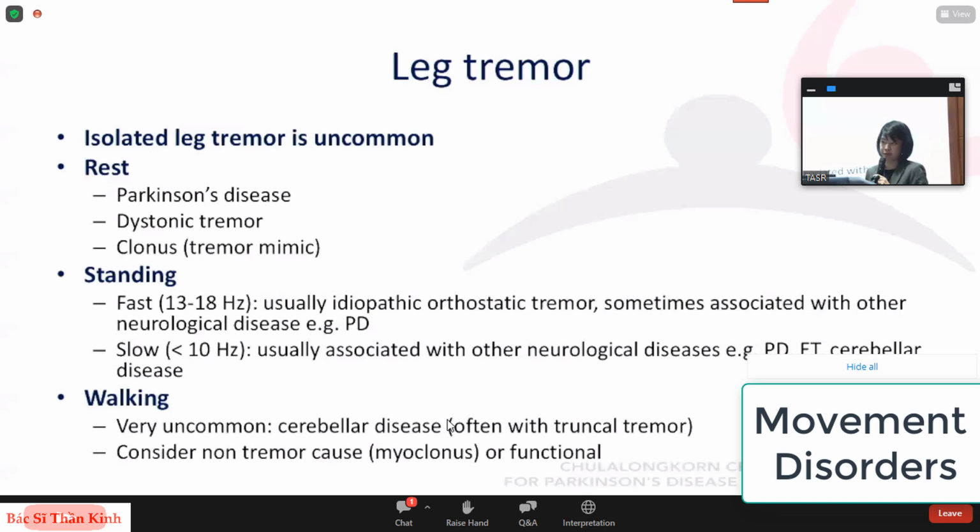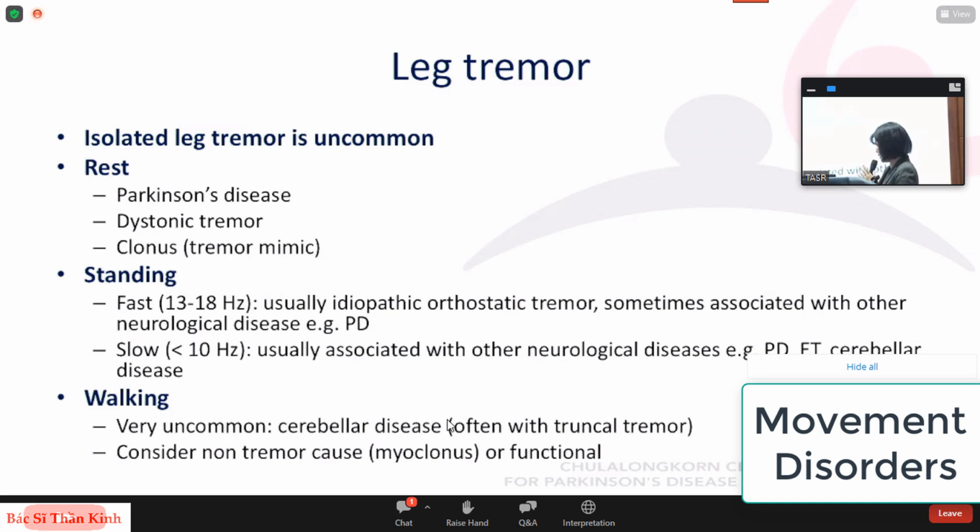It usually is called the characteristic of the idiopathic orthostatic tremor, and sometimes it associates with other neurological disorders like Parkinson's disease. It's called OT+. And for the slow frequency, like less than 10, it usually associates with other neurological disorders more commonly than the fast frequency.